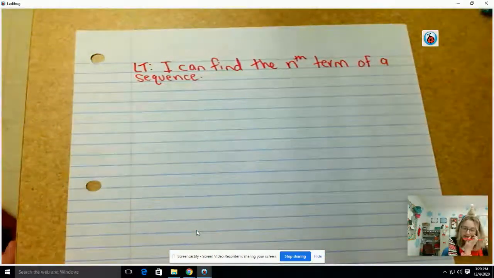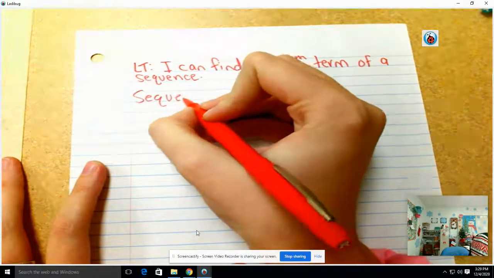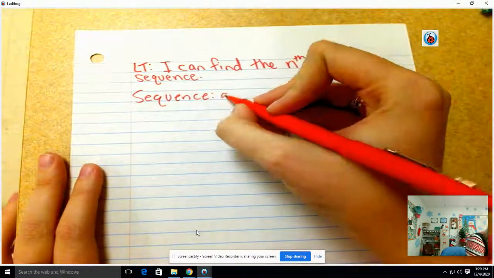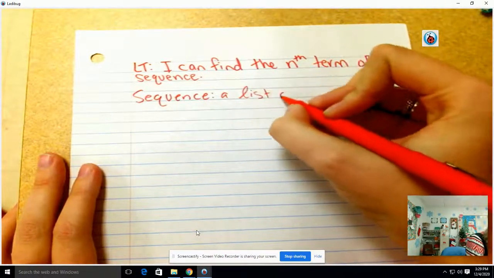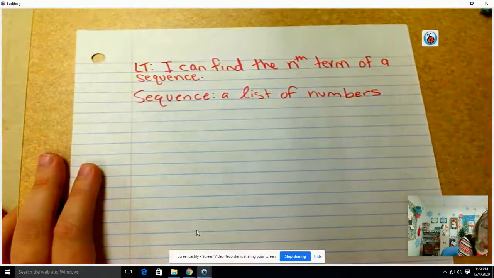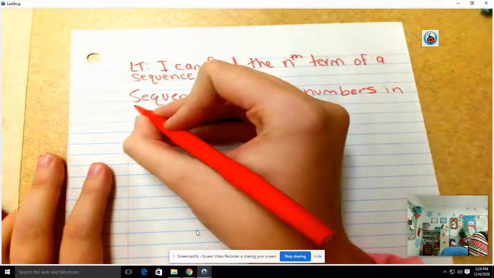Starting off with some basic vocab: a sequence. A sequence is a list of numbers in a special order. That's the simplest way to put it.